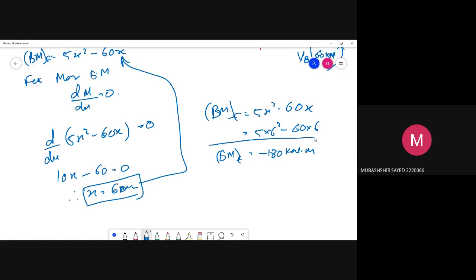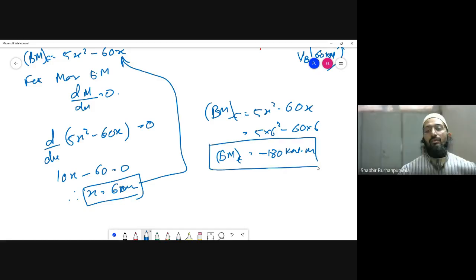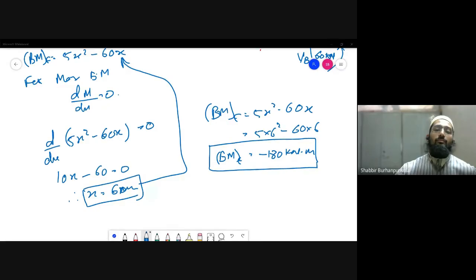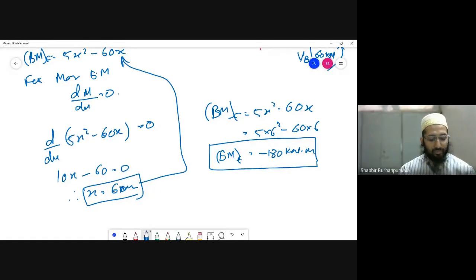Please check, everyone. Everyone is getting minus 180 kilonewton meter. So minus 180 kilonewton meter is the maximum bending moment.